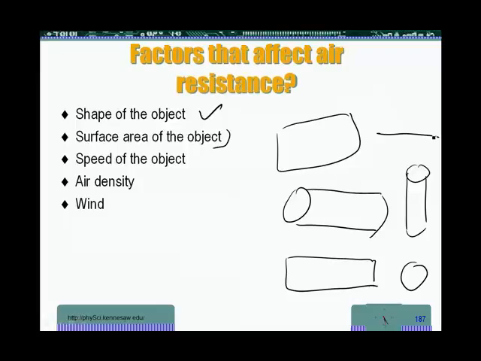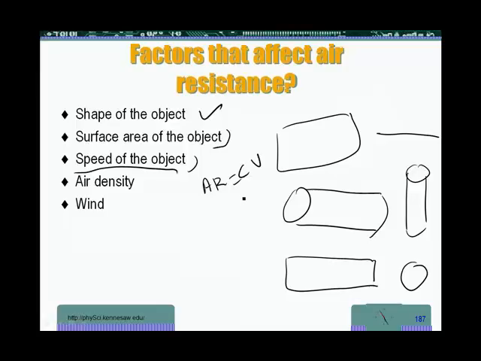Now, another thing that affects air resistance is the speed of the object. Actually, it affects it in different ways. When the object is moving slowly, air resistance is going to be proportional to the speed: equal to a constant times the speed.